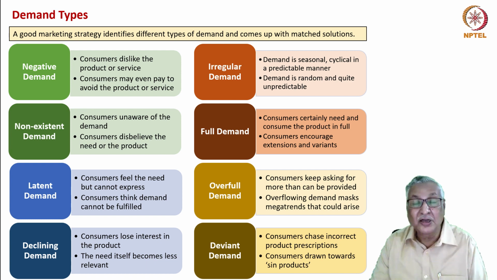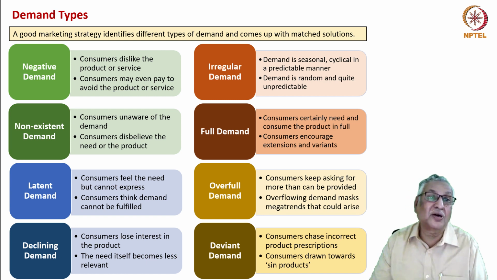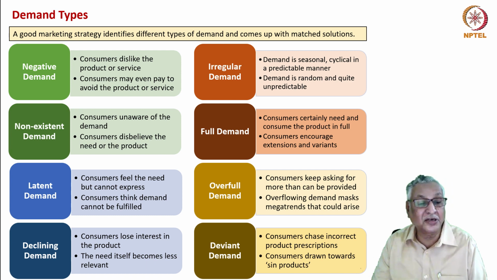However, they are there and they keep increasing in their demand profiles. So, there are eight types of demands that we can think of: negative demand, non-existent demand, latent demand, declining demand, irregular demand, full demand, overfull demand, and deviant demand. Each of these demand types requires an appropriate marketing strategy to fulfill.